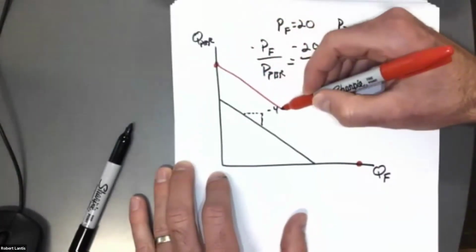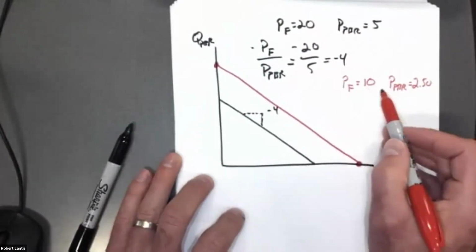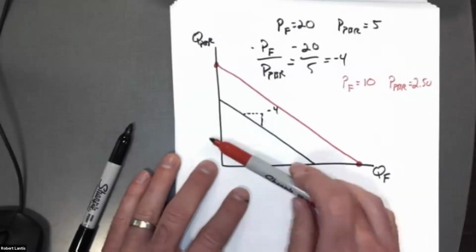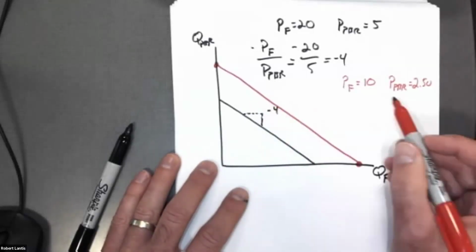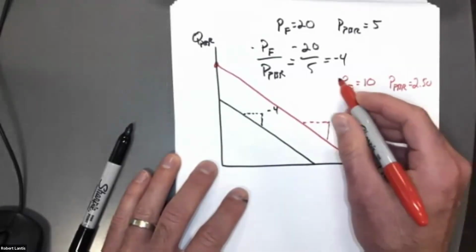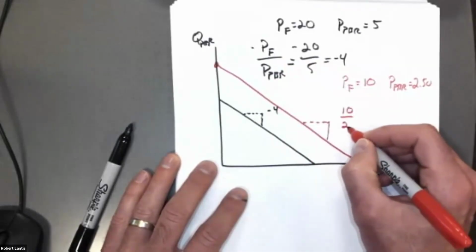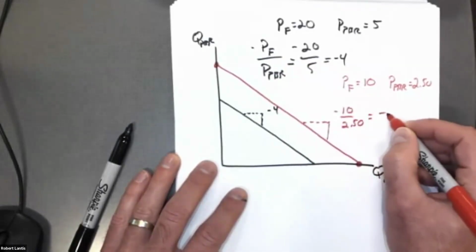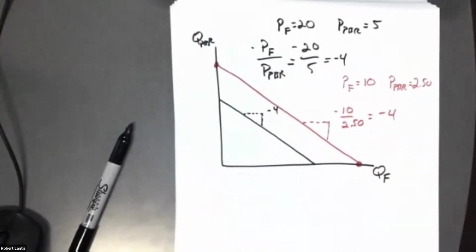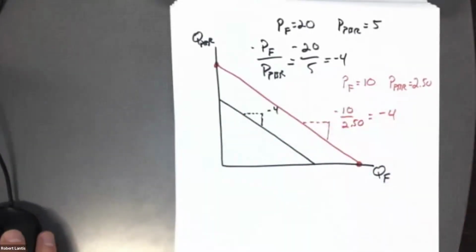So notice if the price of both goods change such that the ratio, the relative price, doesn't change, I'll end up with a shift in my budget line but no change in the slope. Because what would my slope be now? It's the price of my X good over the price of my Y good: 10 over 2.50 is still 4, downward sloping, so -4. So if we have simultaneous shifts in price, we could actually still end up with a parallel shift.